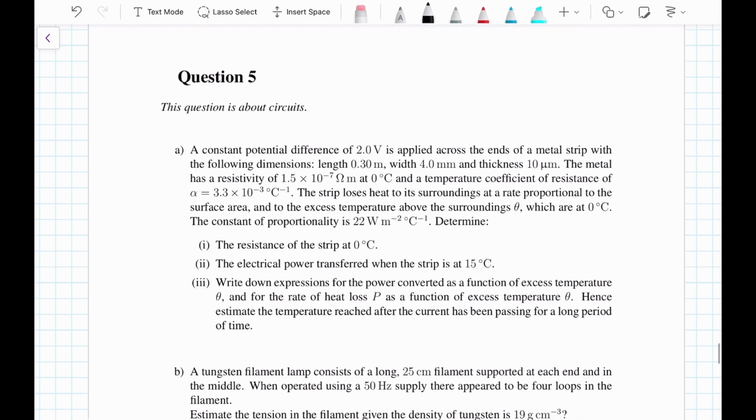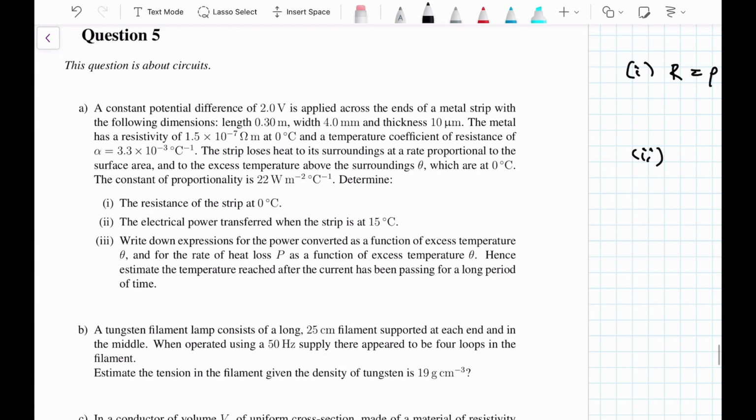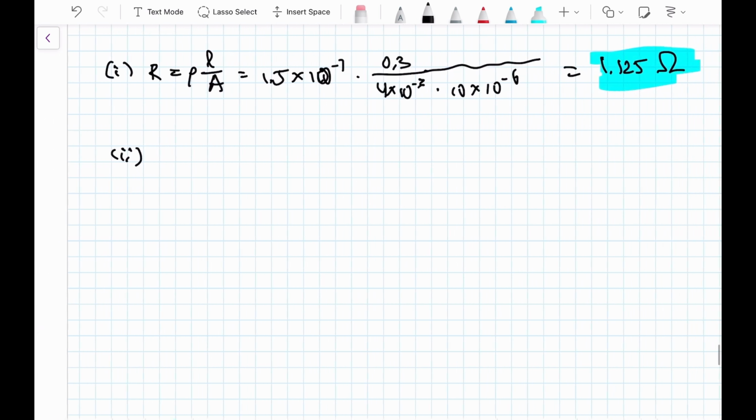So it says the electrical power transferred when the strip is at 15 degrees Celsius. The temperature coefficient of resistance is alpha, so we can directly use that and calculate based on the resistance at 0 degrees Celsius.